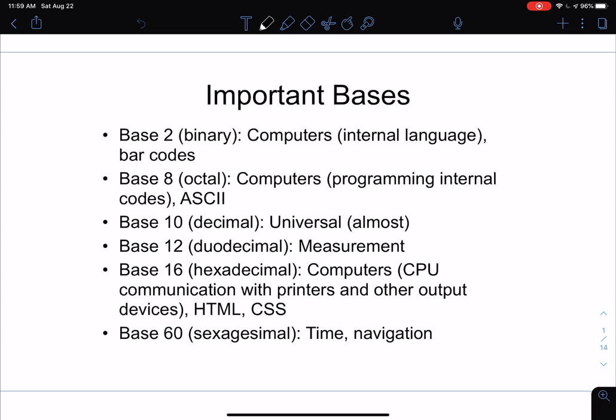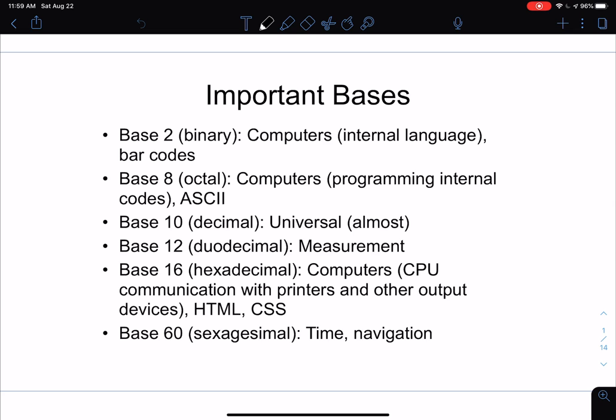Base 12, duodecimal. You see some remnants of that in measurement, like when you see that 12 inches are in a foot in our system here in the US. Base 16 or hexadecimal. That's often used by computers to communicate with other devices like printers. You might see that in HTML code, other more computer-related things.